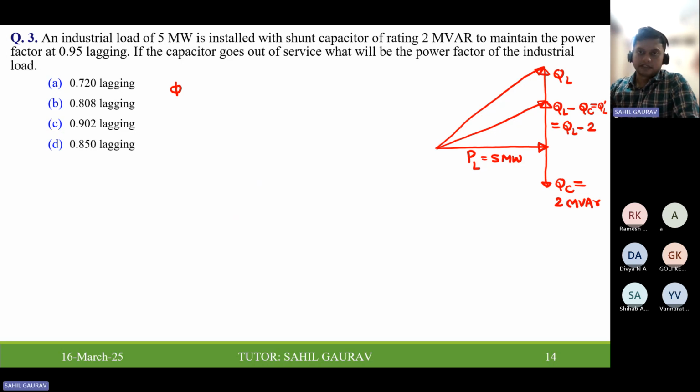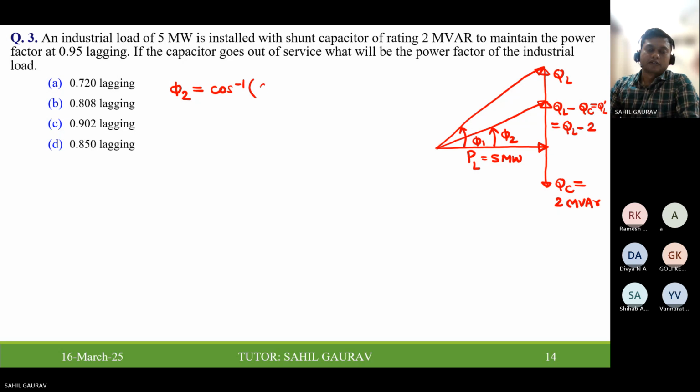Let us take the angle before compensation as phi 1, and after compensation the angle as phi 2. After compensation, this angle is cos inverse 0.95, which comes out as 18.195 degrees. So we know this angle.